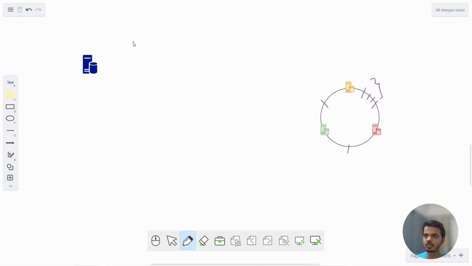So it could be a case. There are two problems with this basic consistent hashing approach.